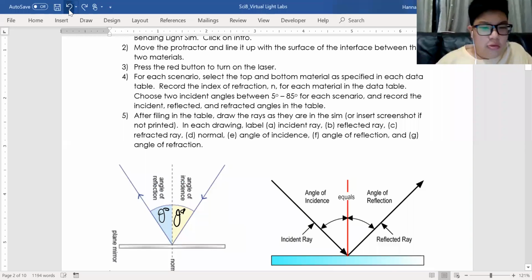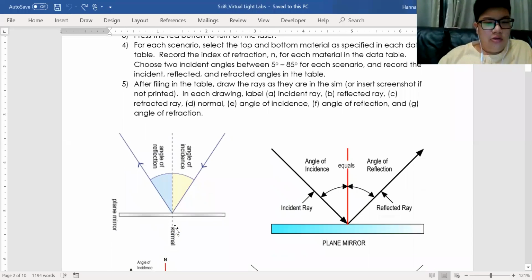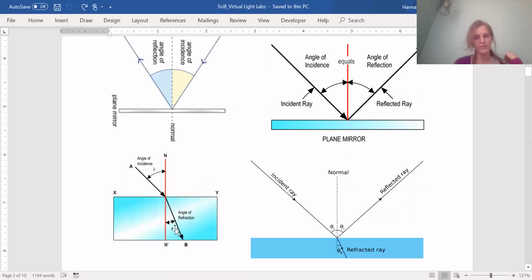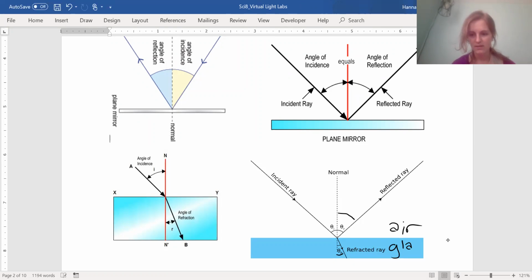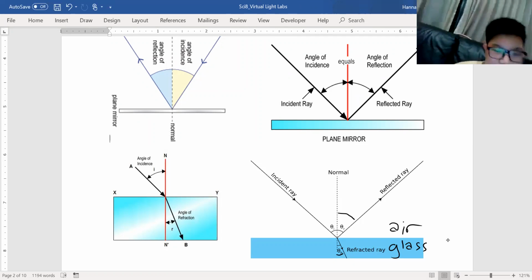Wait, so what do you need to do for number 5? So number 5, you're going to show a few angles. You're going to measure the reflected ray, and you'll also measure the refracted ray. If it's going from something like air to glass, the refracted ray will become smaller than the reflected ray.